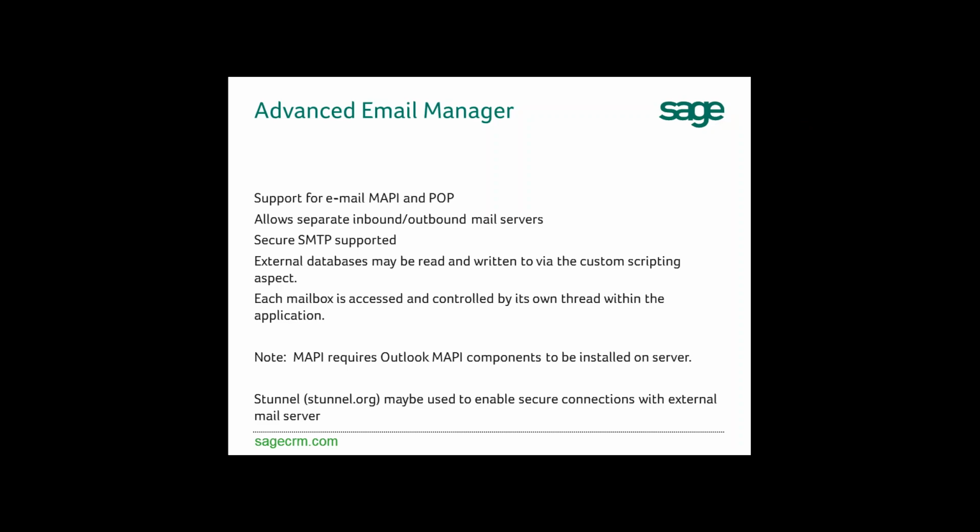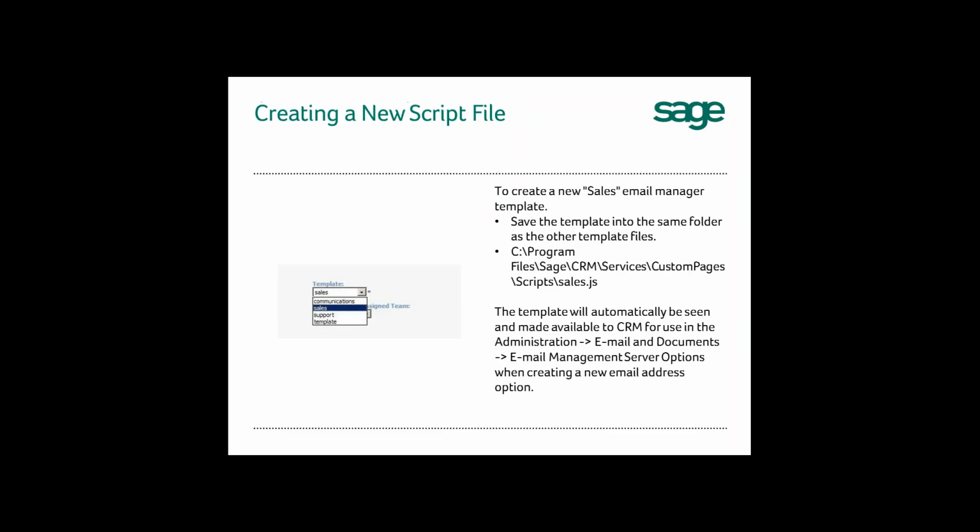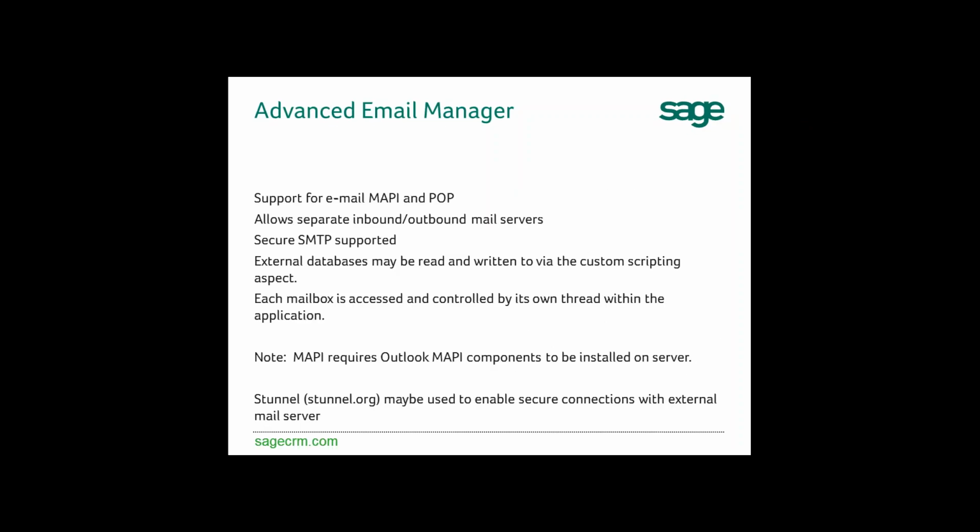If you want to work with ESMTP and you want to work with an external email account, then you'll need to pass your requests and interactions through Stunnel. So that may be used to enable secure connections with an external email server as well.